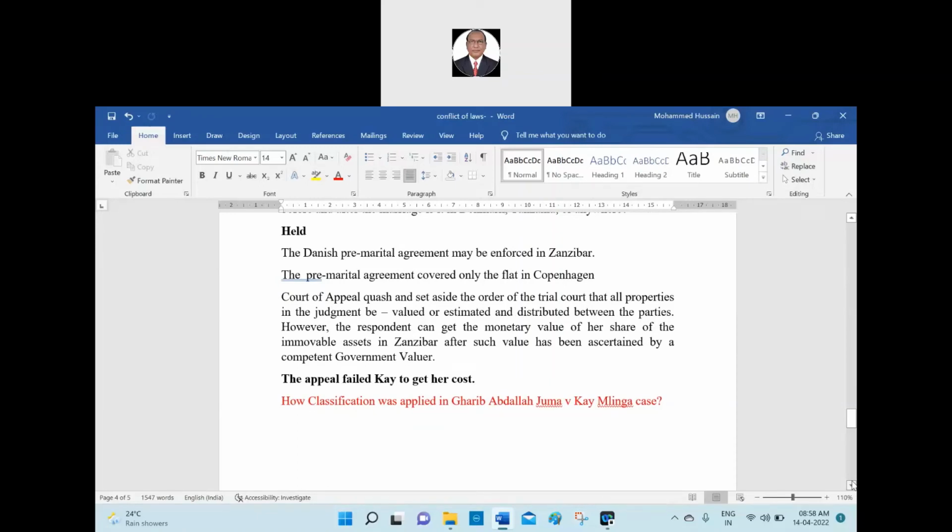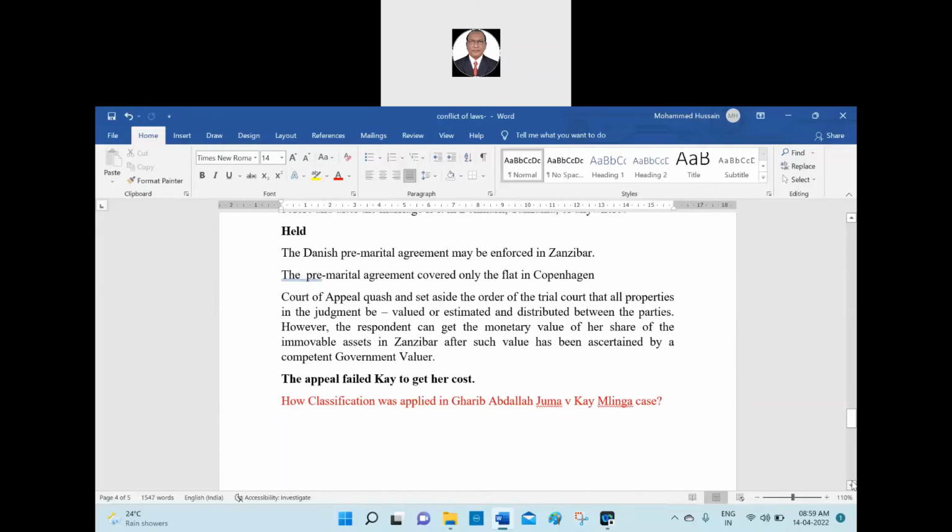The premarital agreement covered only the flat in Copenhagen, and the Court of Appeal quashed and set aside the order of the trial court, and all properties in the judgment be valued, estimated and distributed between the parties.